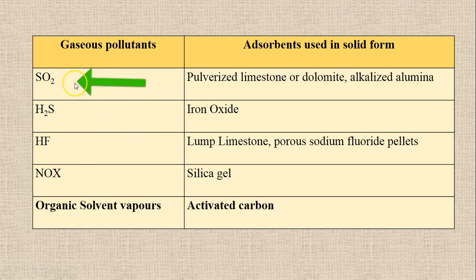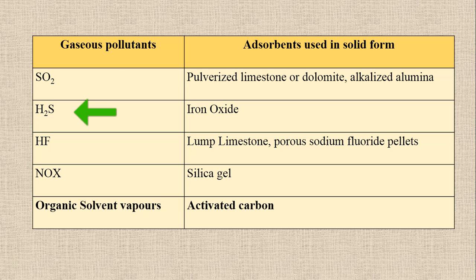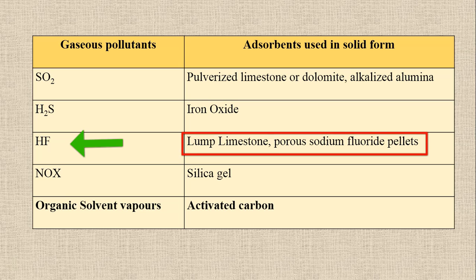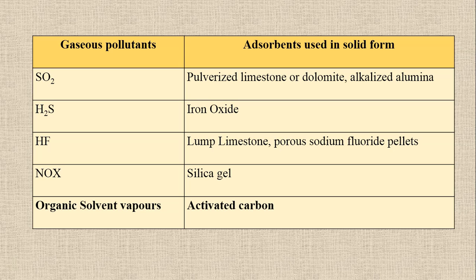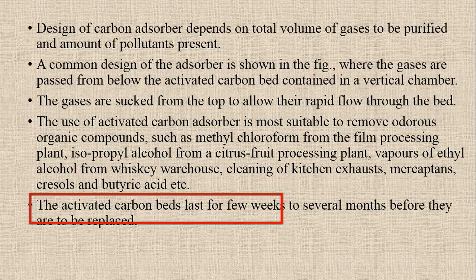If you need to remove SO2, the adsorbents used will be pulverized limestone or dolomite, alkalized alumina. If you need to remove a gaseous pollutant like H2S, the adsorbent used will be iron oxide. If HF, it will be lump limestone, porous sodium chloride pellets. For nitrous compounds, silica gel will be used. For organic solvent vapors, activated carbon will be used.